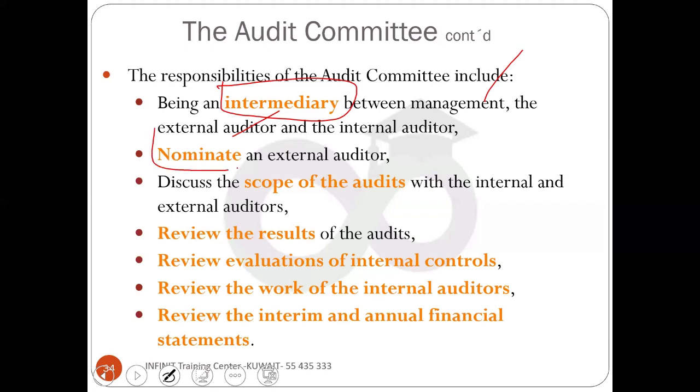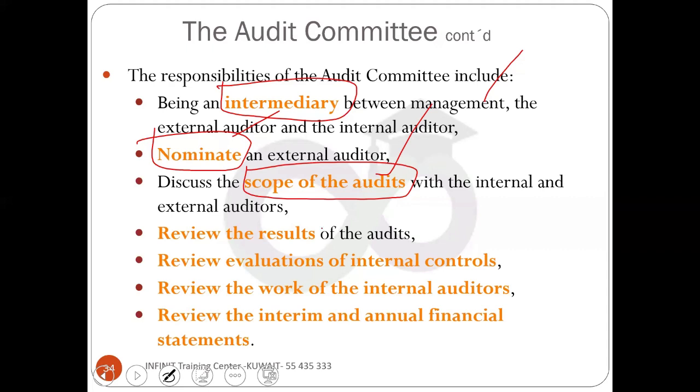And they have the right to nominate the external auditor to whom the auditing work is to be given, and discuss the scope of audits. Scope of audit means what should be the type of auditing happening in the organization. Are they going to do a specific work, or take some samples and finish their work, or go into detail with certain activities? That's what they will define, how the auditing work needs to be done.